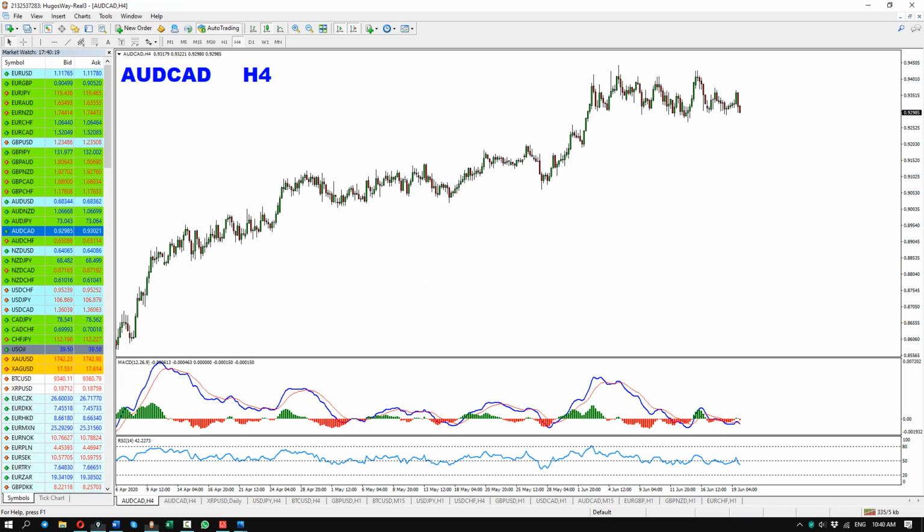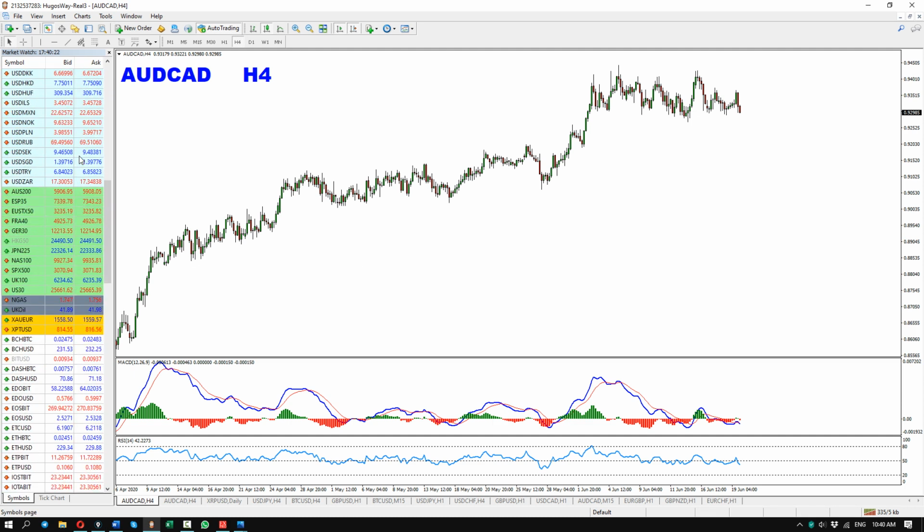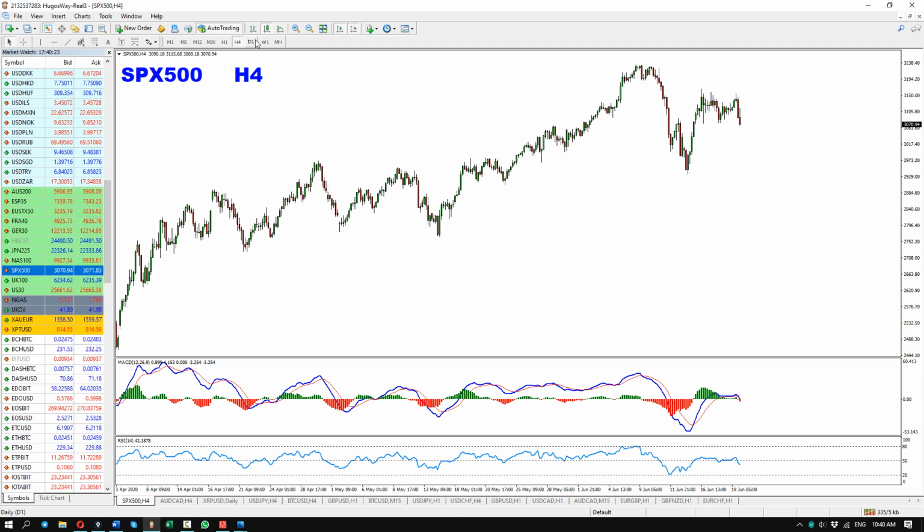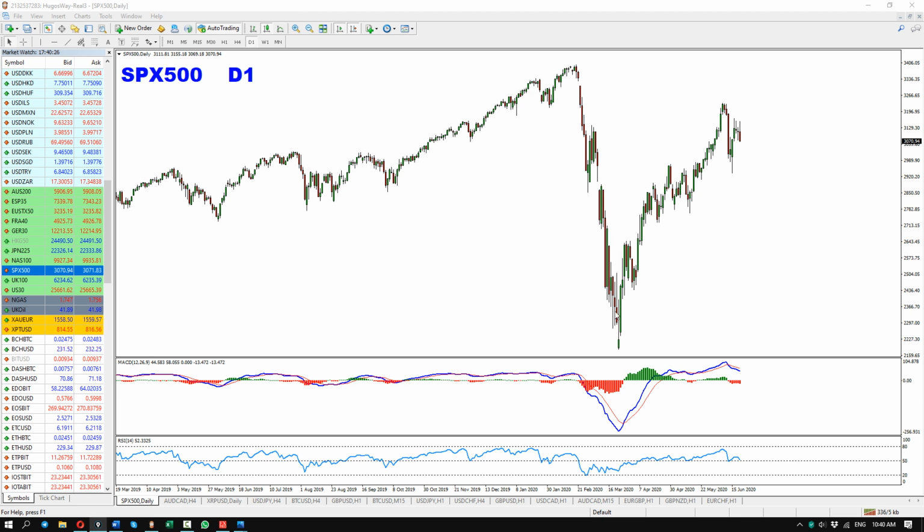Next one, S&P. What do we have on this one? Let's see. So daily becomes a cycle that we have here. Can't say I'm too big a fan of that, but it's still there.